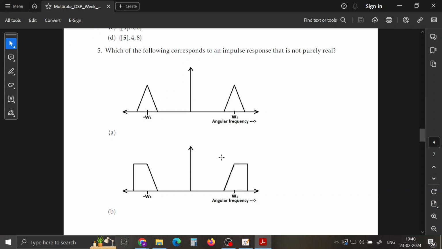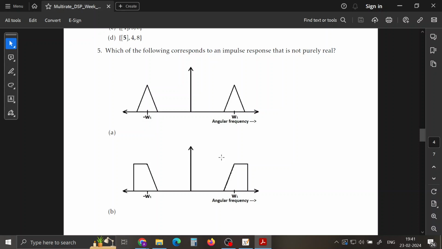Impulse response means h of n in the time domain, and from the property we know that if h of n is real, then the frequency response, which is capital H of e power j omega, is conjugate symmetric.